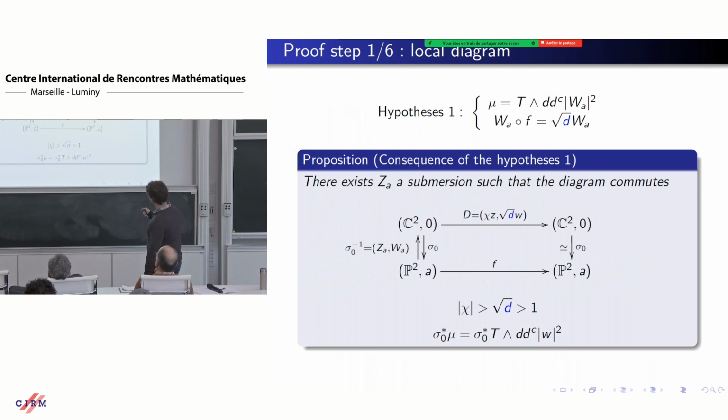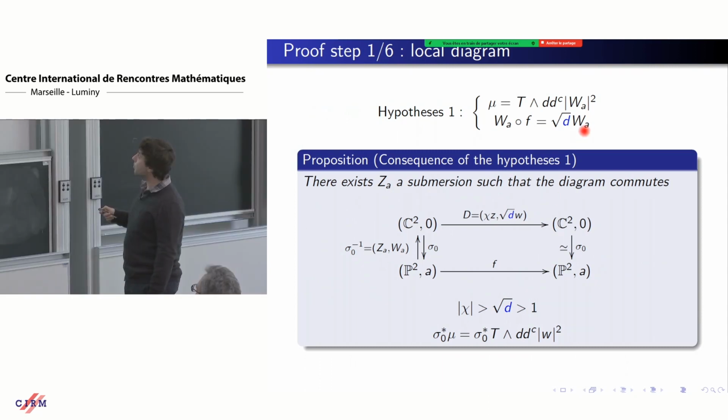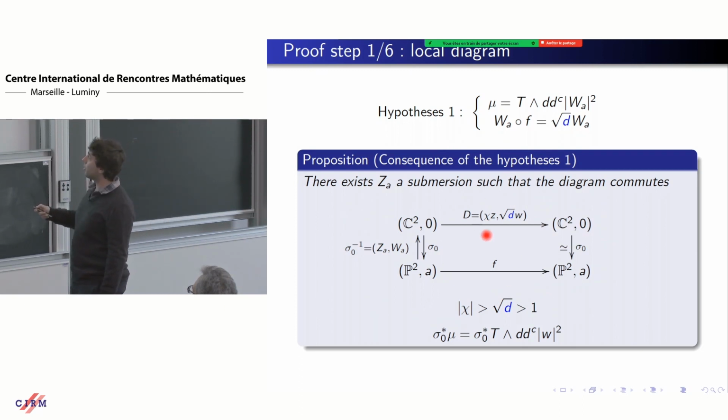First, we construct a second submersion that allows us to linearize the dynamics a little bit. I just mention that here I don't necessarily have a linear map in general. You can have a polynomial map, but whatever, it's not a big deal.